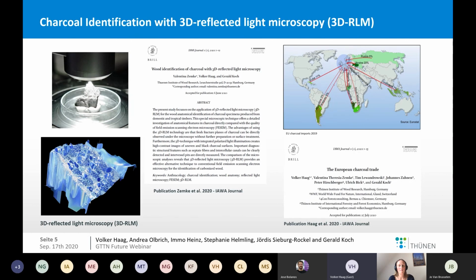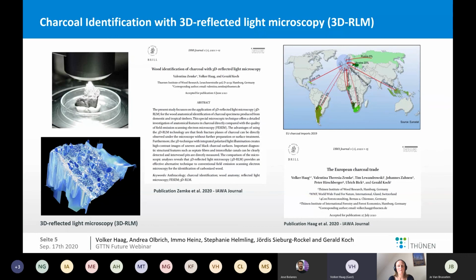And so we can easily separate species from temperate origin or tropical, subtropical origin. And you can find this method described in detail in the recently appeared IAWA Journal publication, Wood Identification of Charcoal with 3D Reflected Light Microscopy.